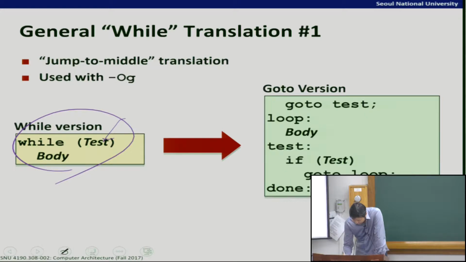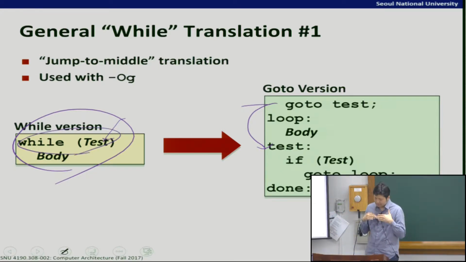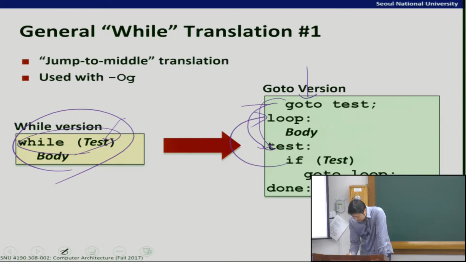So here is a goto version of the while. At the beginning, we first go to the test, because in the while statement, we have to first evaluate the test. Then if the test is true, we go to the loop body. Otherwise, we simply exit the loop like this.